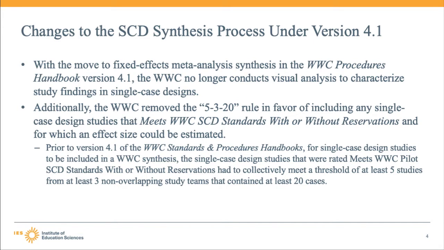But now, under the current version of the WWC handbooks, the move to a fixed effects meta-analysis approach for synthesis, alongside the adoption of the design comparable effect size for quantifying intervention effect magnitude in single-case studies, means that single-case design studies can be included in more WWC intervention reports and syntheses, which is a promising improvement to ensure evidence from these rigorous designs are reflected in characterizations of intervention effects.